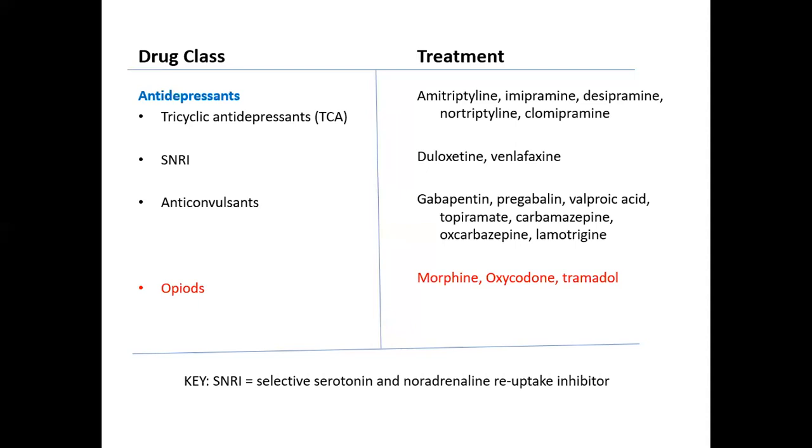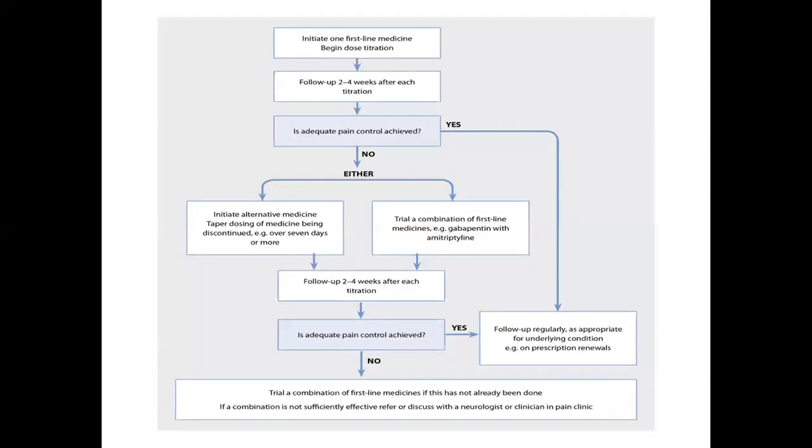Now, if you go back and look at this point here, try a combination of first-line medicines. Therefore, it means if you're using a TCA, then you can combine it with an anticonvulsant.